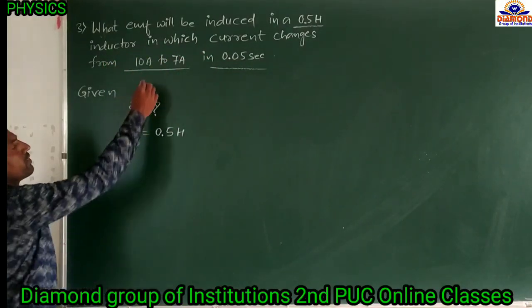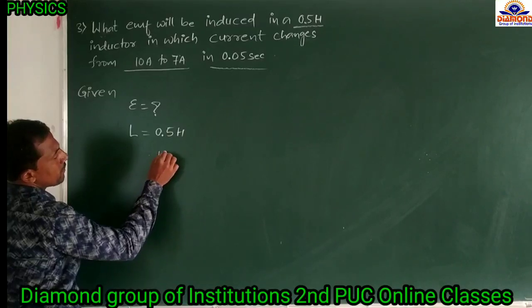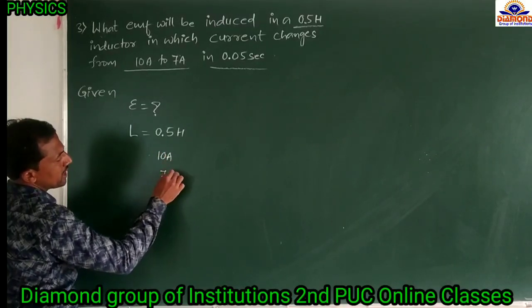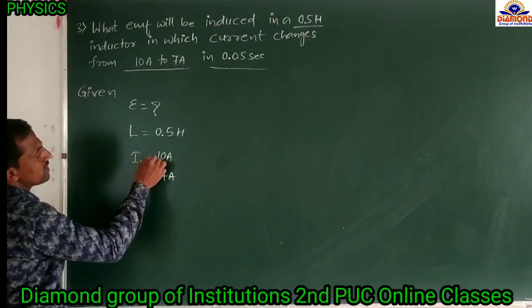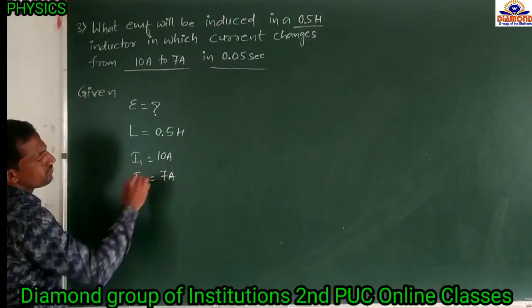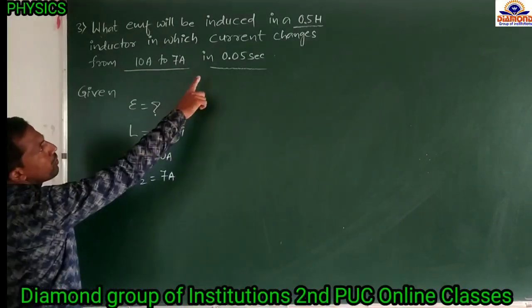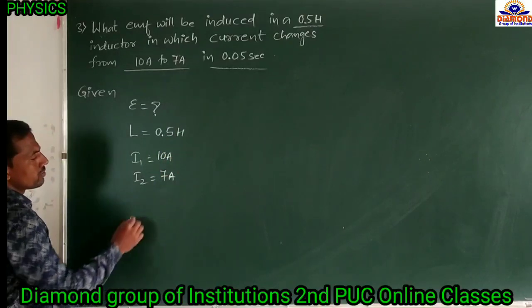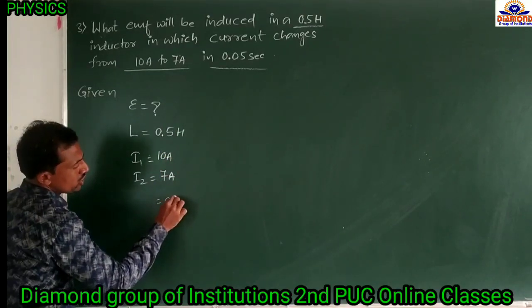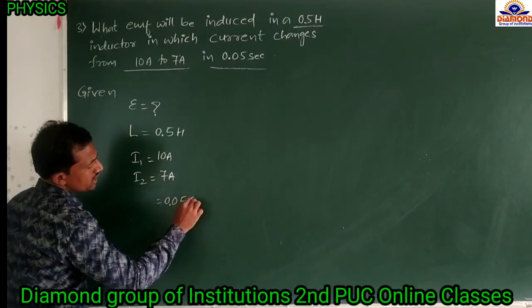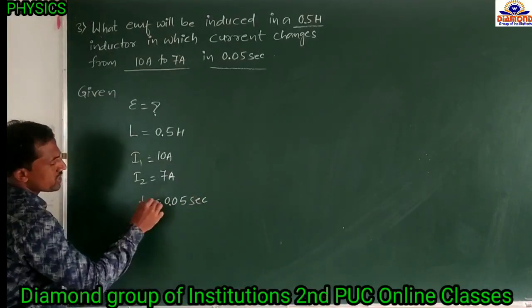Two values given: one is 10 ampere, another one is 7 ampere. Means I1 value is given, I2 value is given. 0.05 second means time value is given.